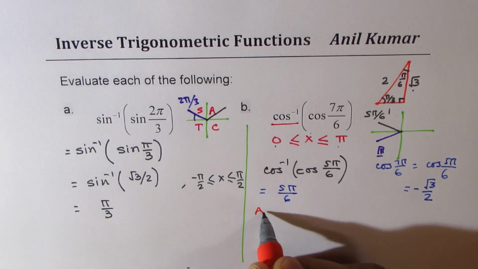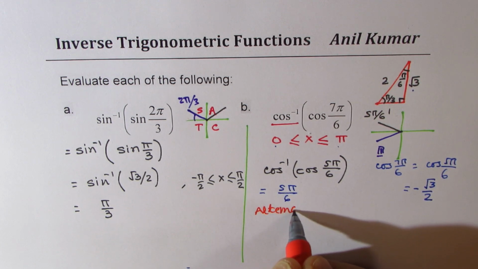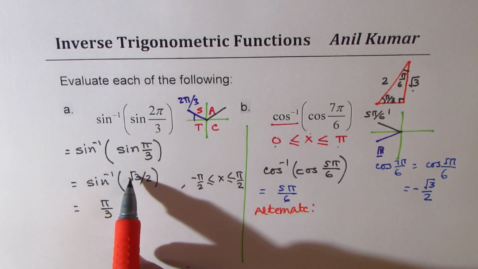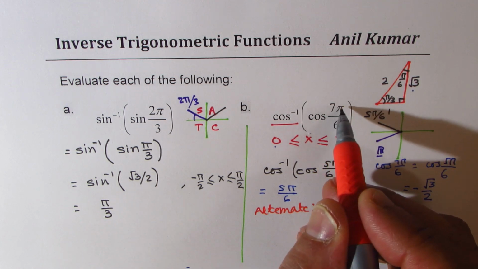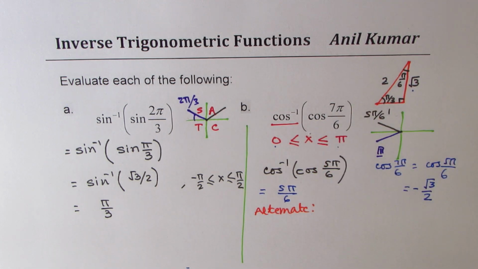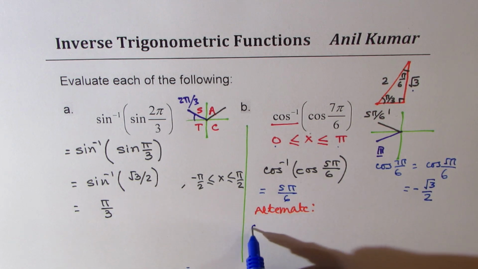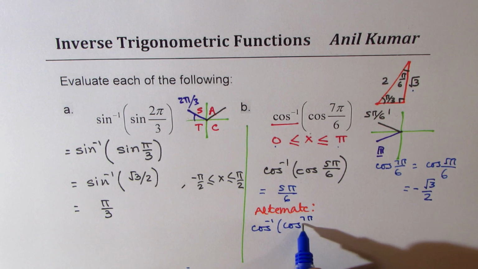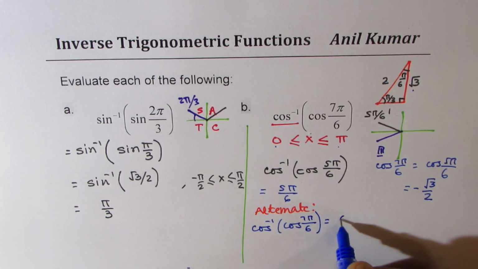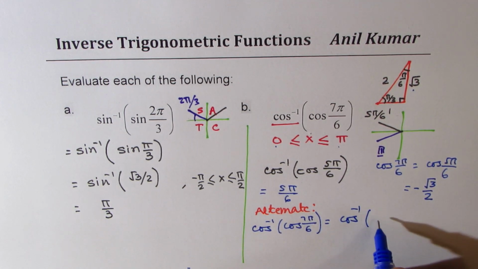Alternate method could have been, as we did here, we could substitute the value of cos 7 pi by 6. So alternately we could write cos inverse cos of 7 pi by 6 as equal to cos inverse minus square root 3 over 2.